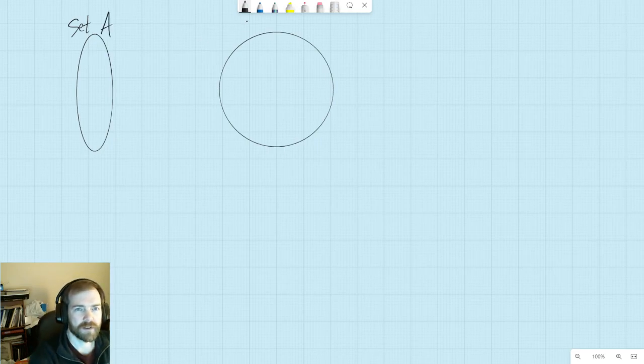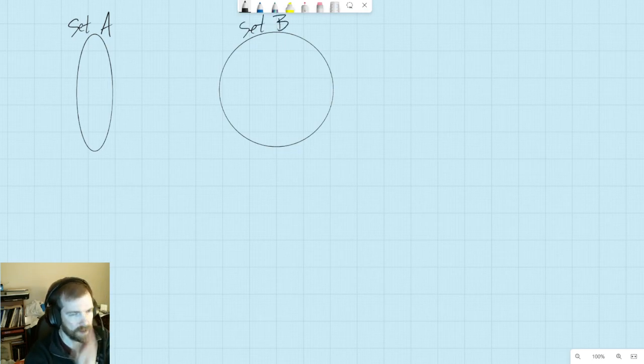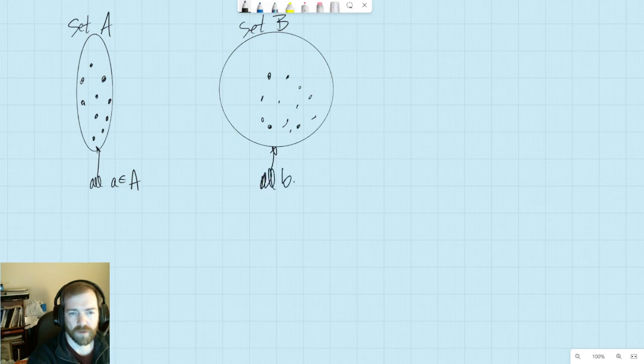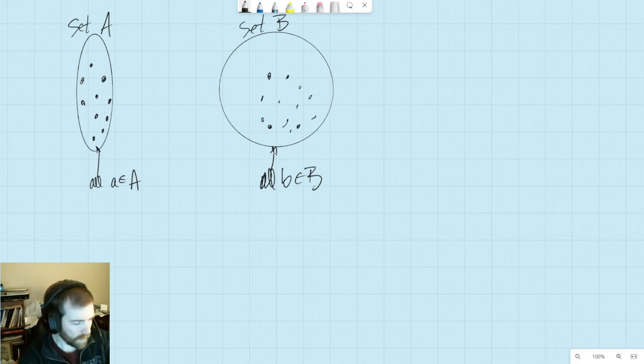We'll call this one set A and this one set B. So any particular values here are all going to be some A belonging to set A. And over here, these are all going to be some B values belonging to set B. So overall, you get this idea that individual elements of the sets are going to be found within their individual sets.